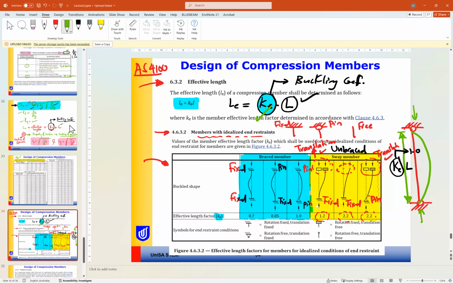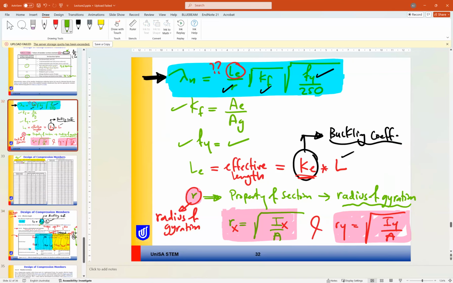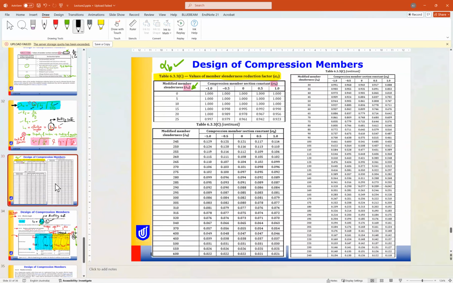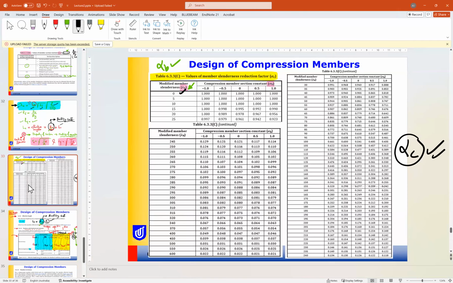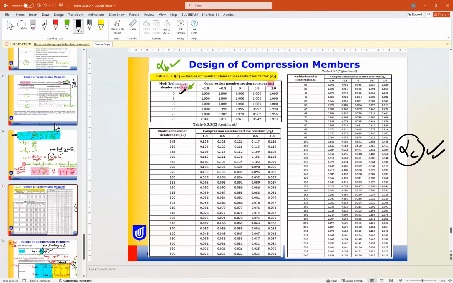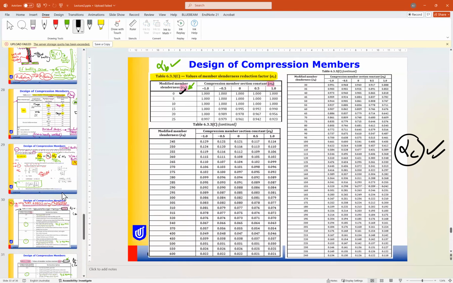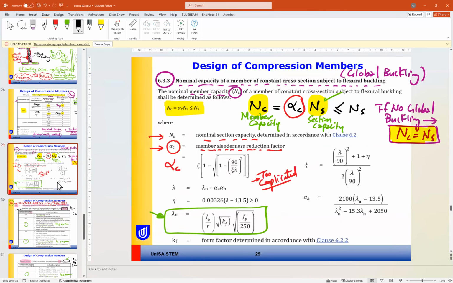And if you know K effective, you can go back to here, find L effective, and find lambda n. If we know lambda n and we know alpha b, you can find alpha c, which can be easily found using that procedure. Then finally we go back to here: if you know alpha c, you can find Nc.